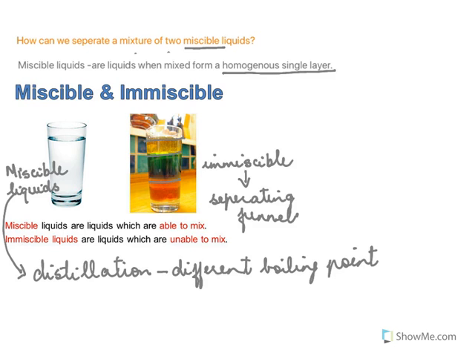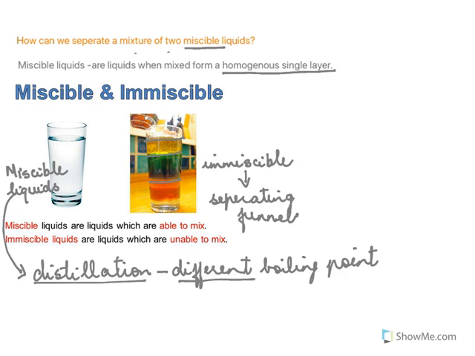Like in the case of sublimation, we use a property that one substance sublimes while the other does not. In evaporation, we use the property that one component is volatile and evaporates while the other does not. In distillation, we use the property of different boiling points.